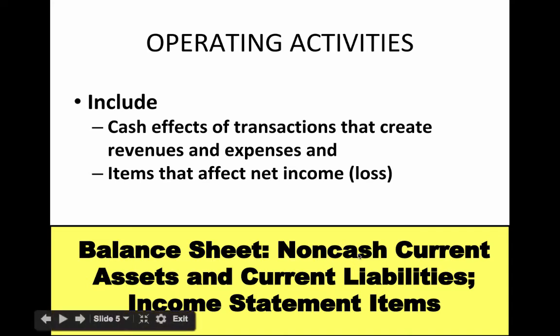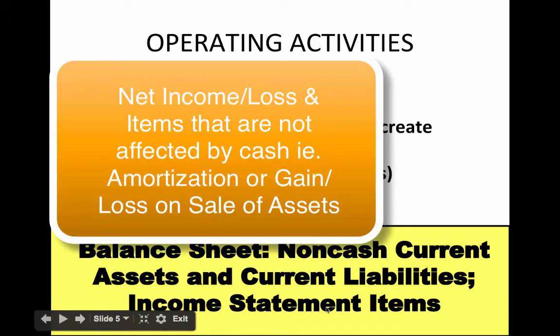So all non-cash current assets, and you're going to compare whether they went up or down. And you're going to look at current liabilities and compare whether or not they went up or down. And then, of course, some items from the income statement. You're going to need to look at things like your net income or your net loss and things that are not really affected by cash. For example, amortization. Amortization is an expense, but does not affect cash.